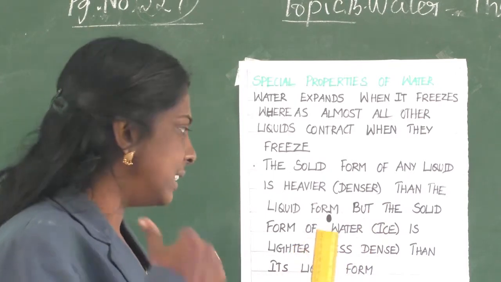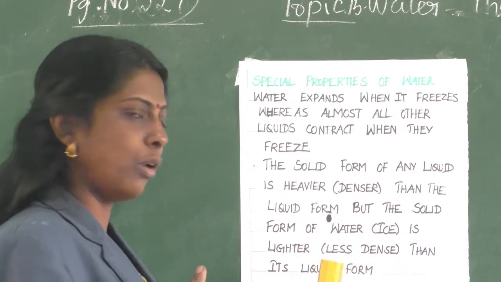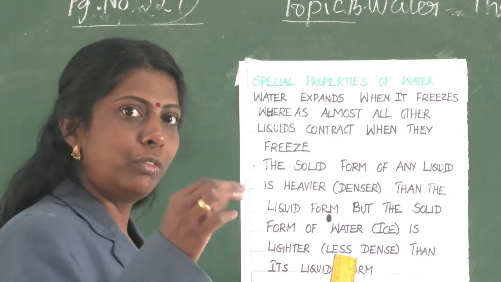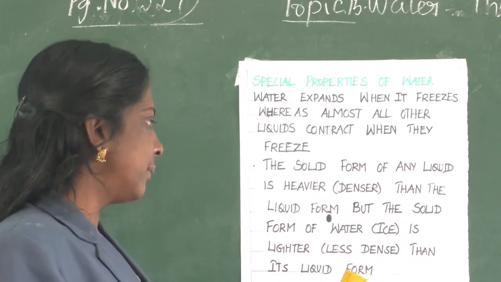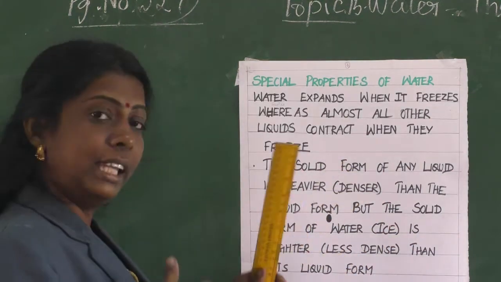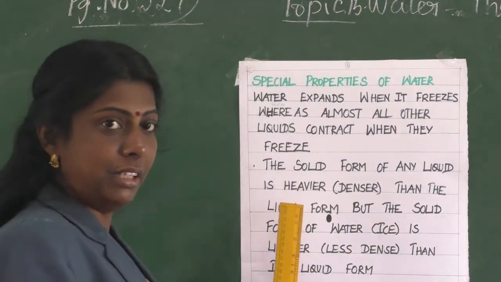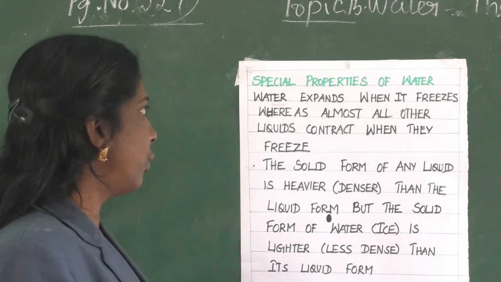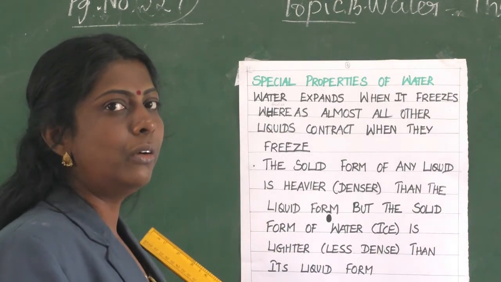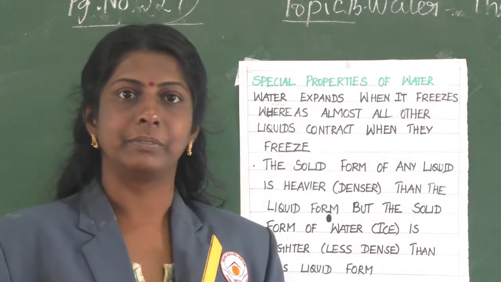It is less dense than its liquid form. Is it not? Ice cubes will float in cool drinks and all. So it is less dense. But when you are comparing with any other thing, that will be heavier. But here, water is less dense. Clear? So this is what about special properties of water.